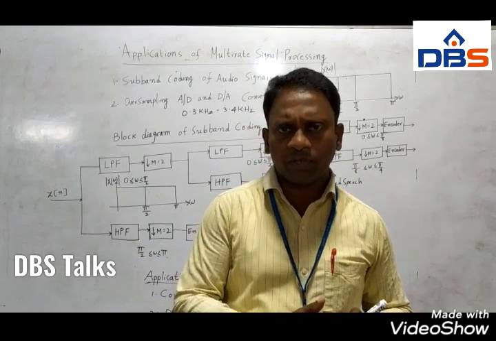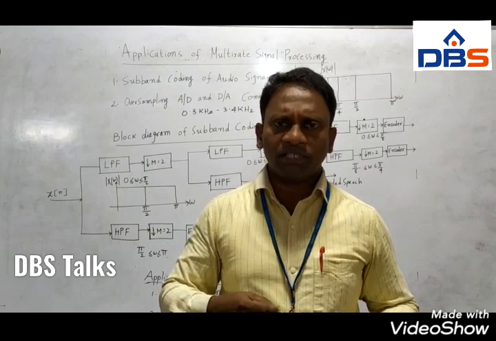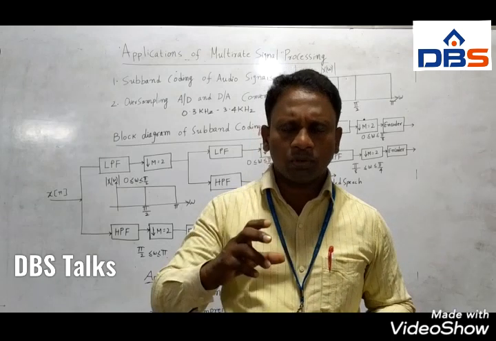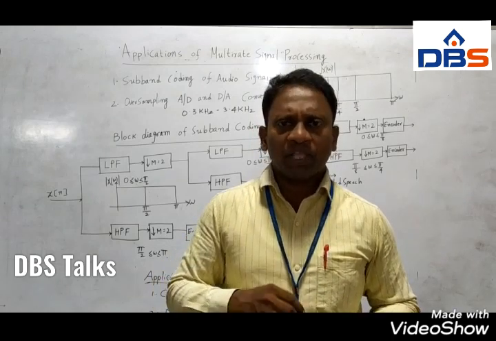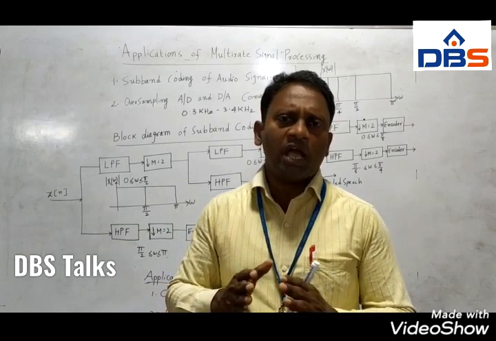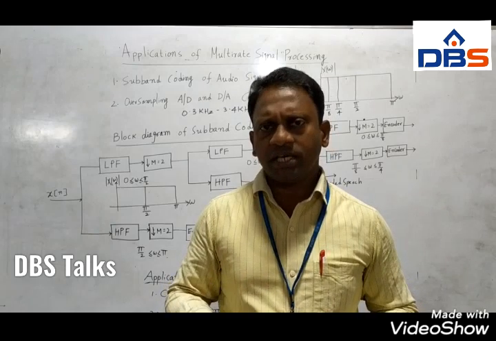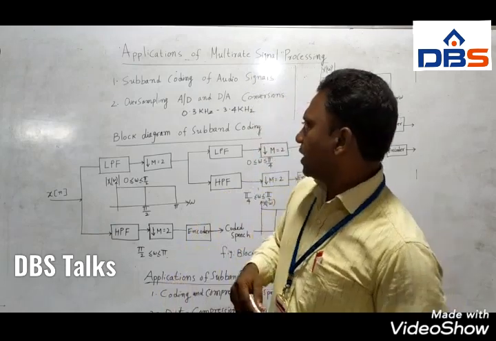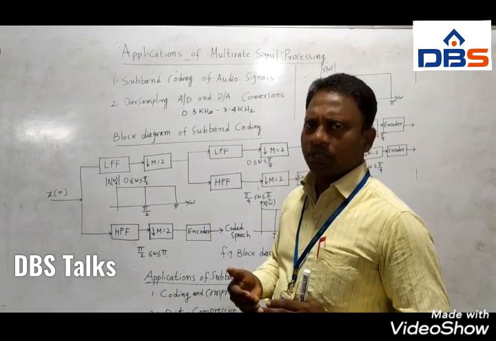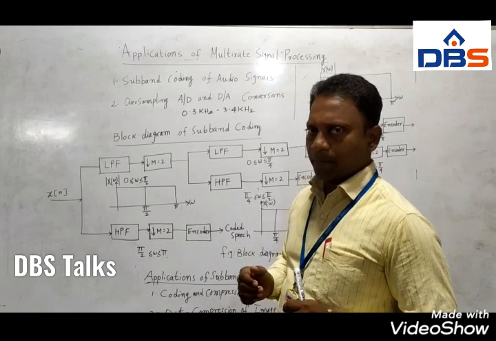Coding is different at low frequencies and high frequencies. We will use a higher number of bits at low frequencies to code the amplitude, and a less number of bits to code the amplitude at high frequencies. That is the need for subband coding of audio signals, because in audio signals most of the energy is concentrated at low frequencies.